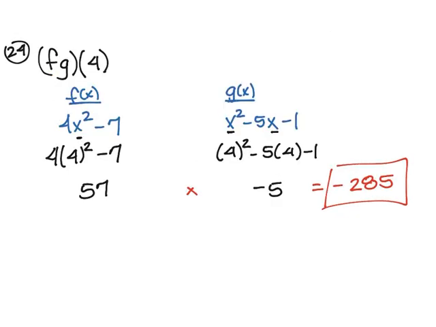I could also, instead of doing multiplication, do division, which would be f over g, and do it at a 4. So keep in mind you only have 4 operations, so I could do any of the 4. So you got your add, subtract, multiply, or divide, okay? Those are options.